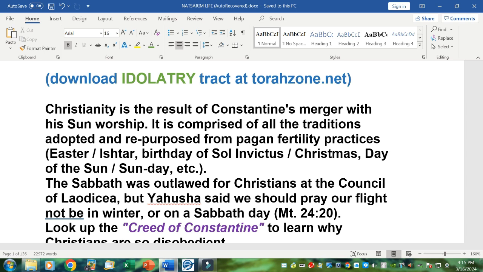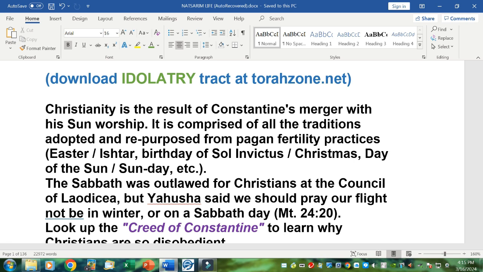But Yahuah said we should pray our flight not be in winter or on a Sabbath day. Read Matthew 24, verse 20. We're Natsarim, and he named us. Just read John chapter 15, verse 5. And read Acts 24, verse 5.